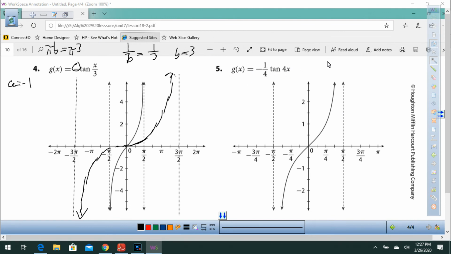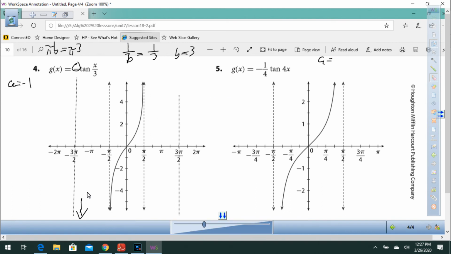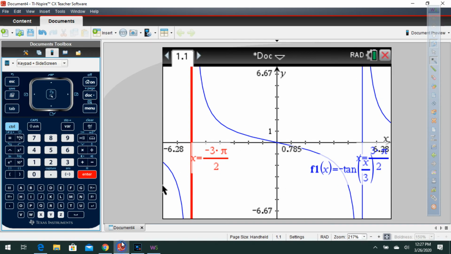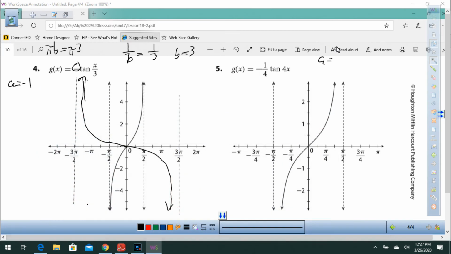Number 5. Okay, so now we have x equals, oh, and I do that like that, and that was not supposed to be like that. I said at the very beginning that it was going to look something like this, right? And then I went ahead and did not pay attention. There you go. All right, a equals -1/4. So that's going to be a vertical compression, and tangent. So 1 over b equals 4.